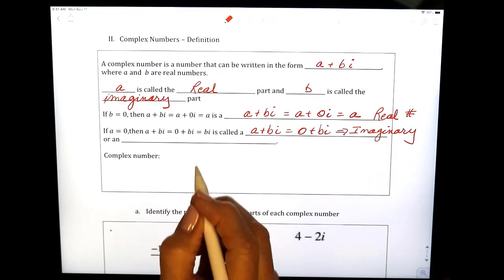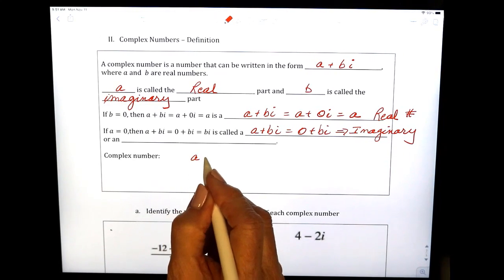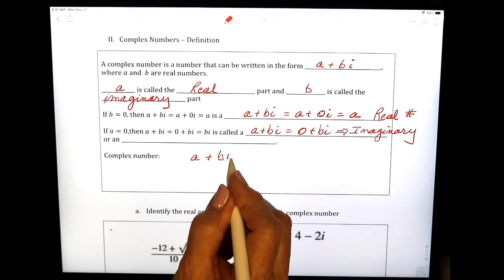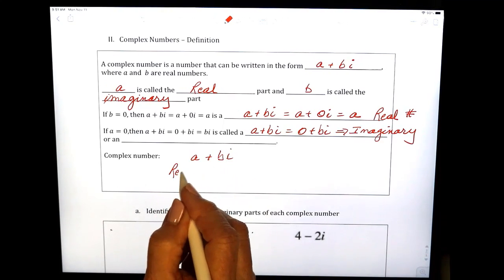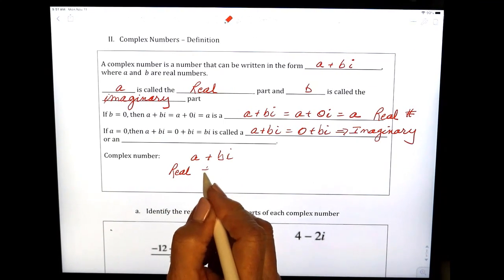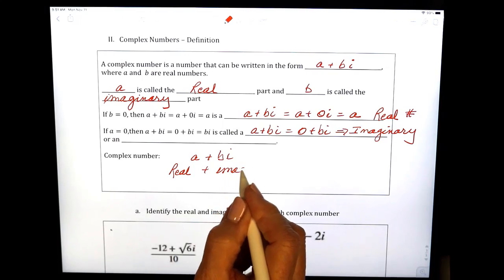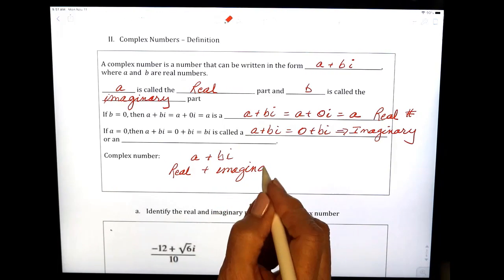All right, so when you're working with complex numbers, you're going to always want to be writing them in the form a plus bi with the real number appearing first and the imaginary number appearing second.